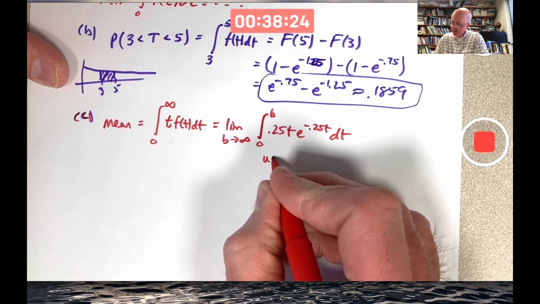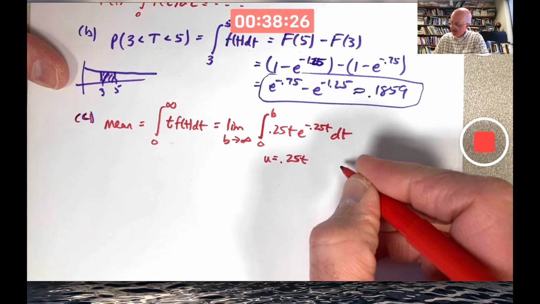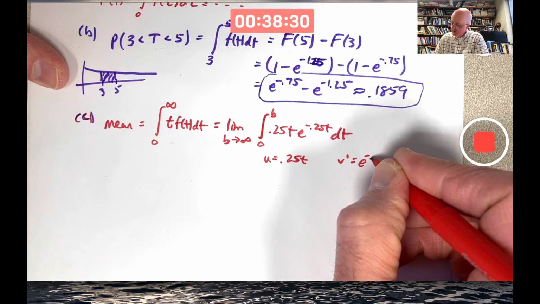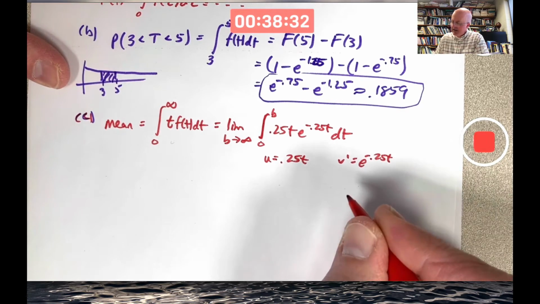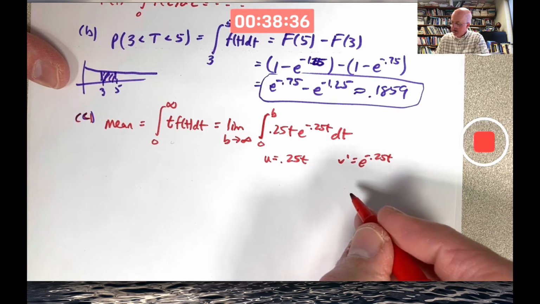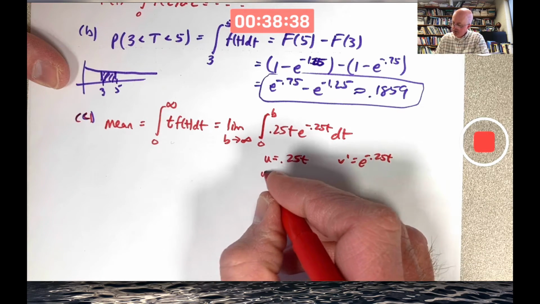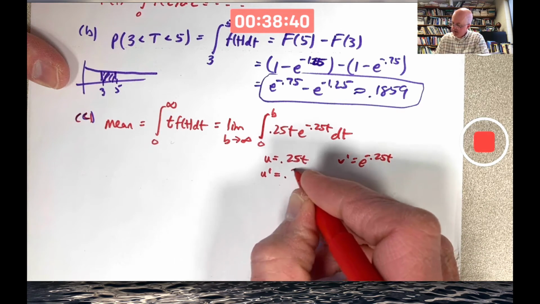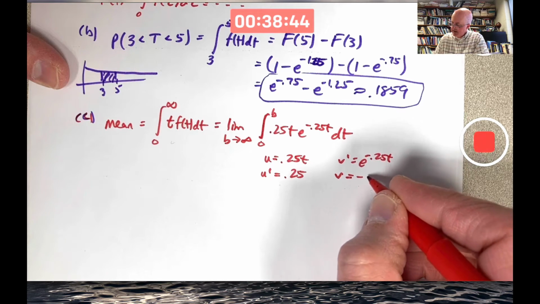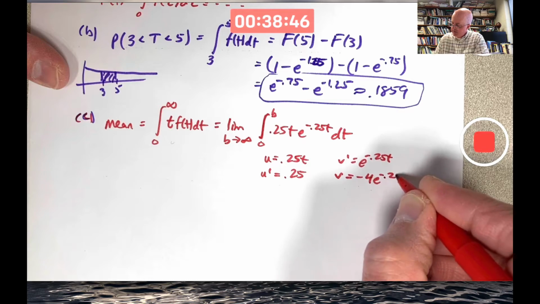We could let u equal 0.25t and then v prime be the other thing, e to the negative 0.25t. Either choice would be okay in terms of v prime being easy to integrate, but in this case you do want u prime to be something simpler than u, a constant. So that's why this is a good choice. When you integrate that, you'll get negative 4 e to the negative 0.25t.